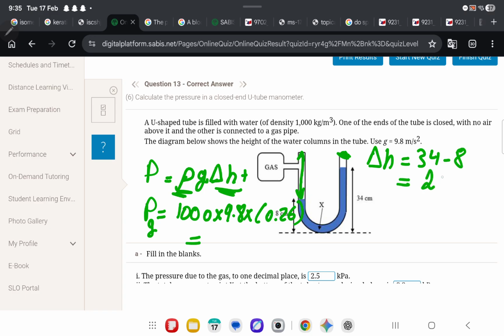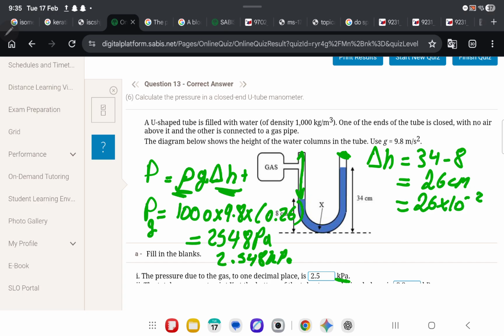But you want it in meters. You always want to be working in SI in physics. So it will be 26 times 10 to the power of minus 2, which is 0.26, right? So now 1000 times 9.8 times 0.26, 2548 Pascal. But what do they want? They want kilopascal. So this would be 2.548 kilopascal. To one decimal place, it's 2.5 kilopascal.